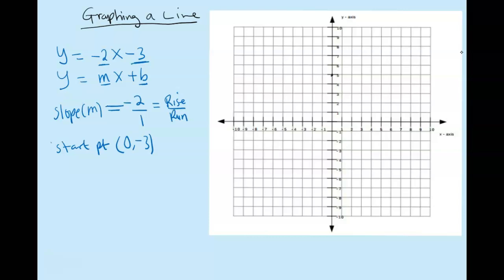Now we go to the graph, and we are starting at negative 3. Make our point here, and here we are rising 2 units. So 1, 2, and it's a negative slope.